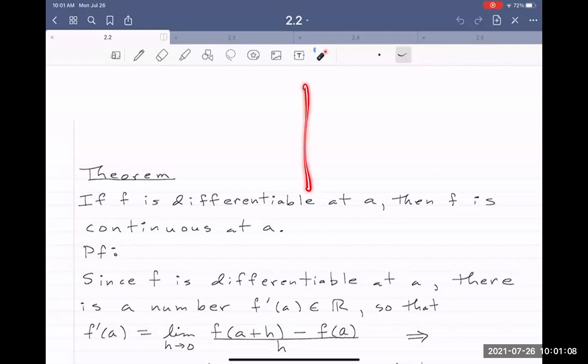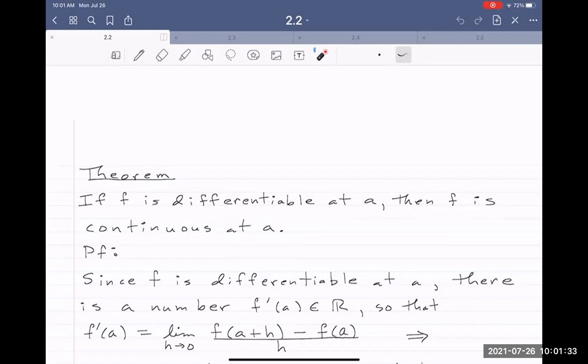Because if it looks like a line at a, then you can draw it without having to lift your pen off the paper. So if f is differentiable at a, then f is continuous at a, but not vice versa.